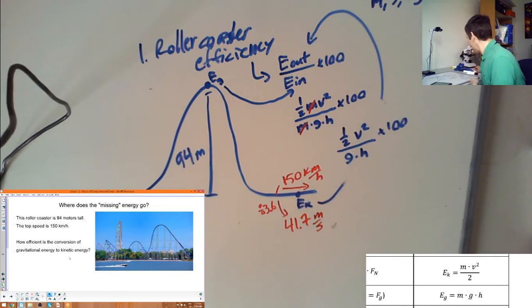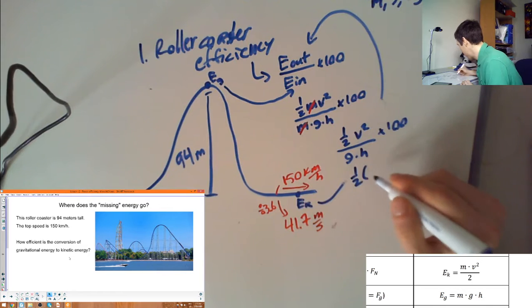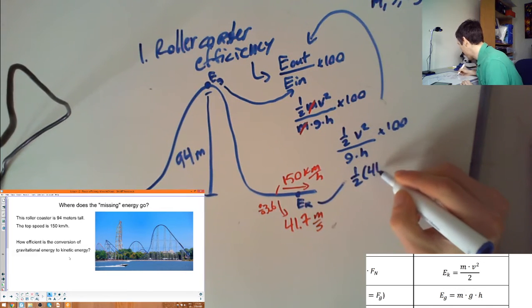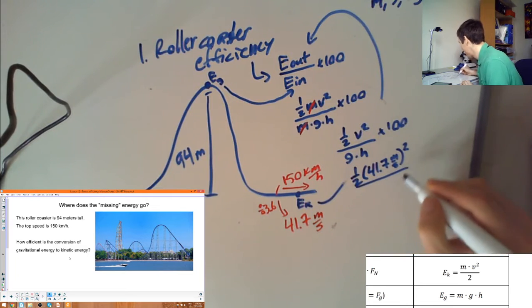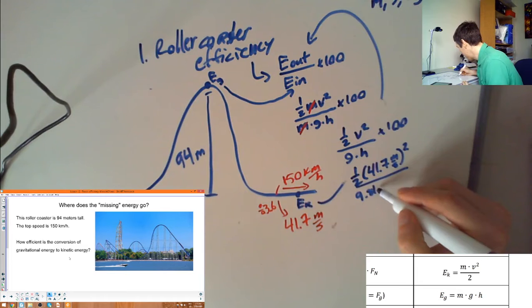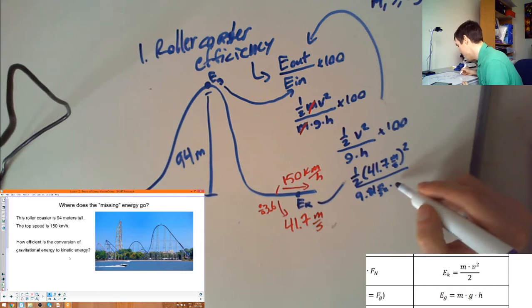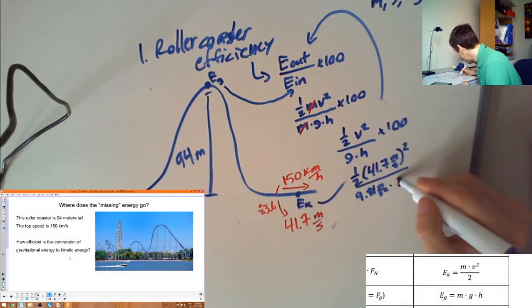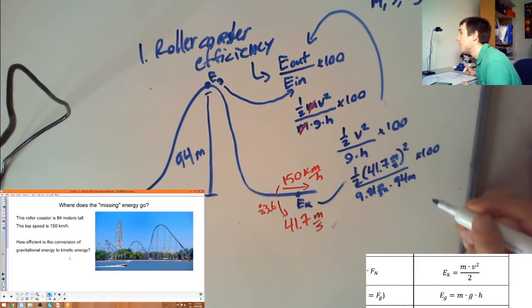Okay, so now we can put that in, right? It's 1/2 of 41.7 meters per second, and that's all squared, over g times h, 9.81 meters per second squared, times height, which is 94 meters here, times 100, of course.